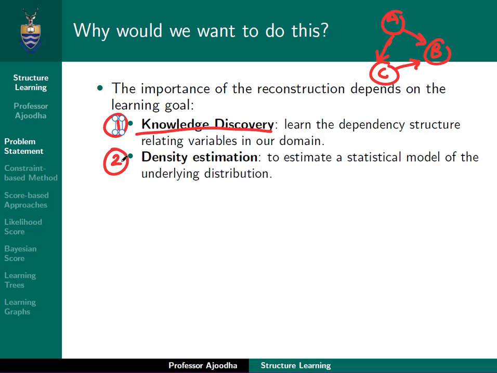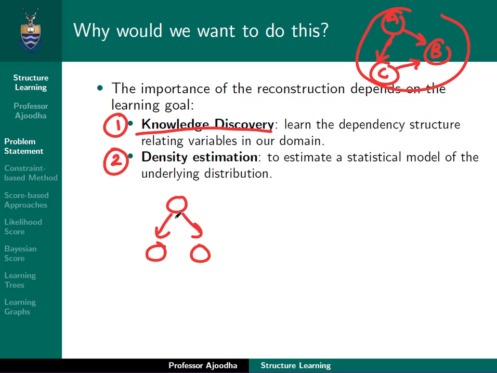The other reason why we'd want to learn the structure of a graphical model is for density estimation. If we learn a really good model and we learn the parameters of the model, then perhaps we can use it for density estimation, which is to make predictions. If I don't have a structure, like in most cases for your assignment, maybe you wouldn't have a structure all the time, then you can use any structure, or you can actually learn the structure.